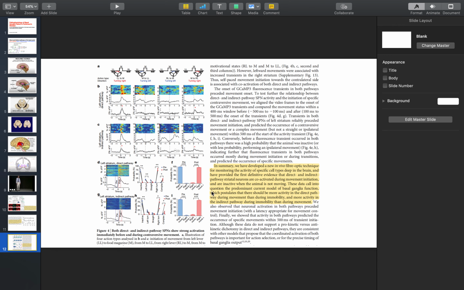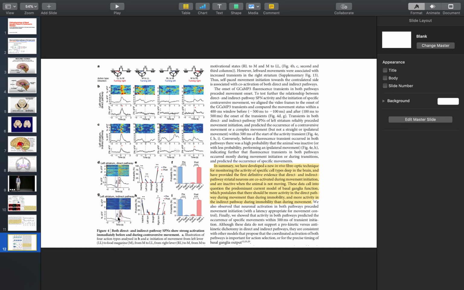And then what's even cooler here is what they found: before movement is even initiated, what's super cool is that at the same time that you're thinking about initiating a movement, your basal ganglia already sends the signal to initiate the movement, not before you think about it, but like 500 milliseconds before, right after you think about it.